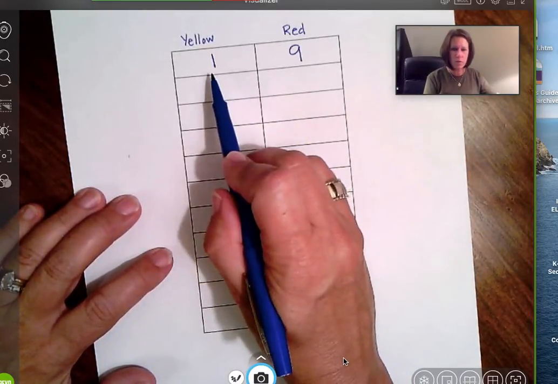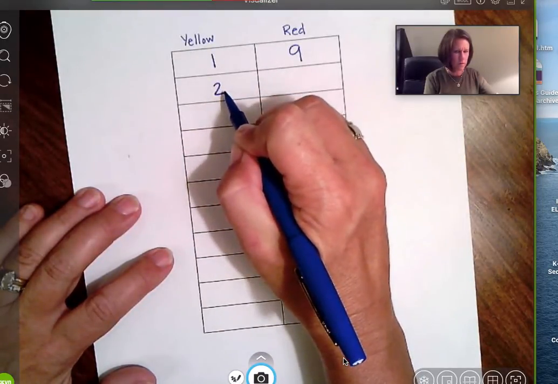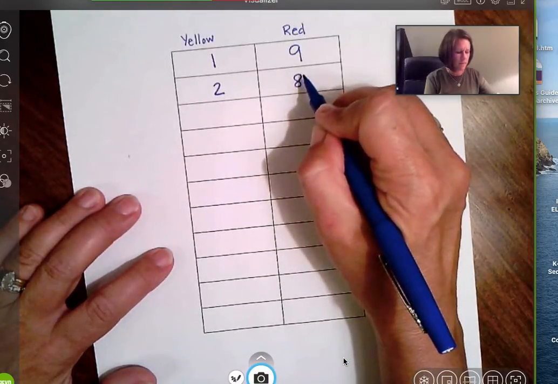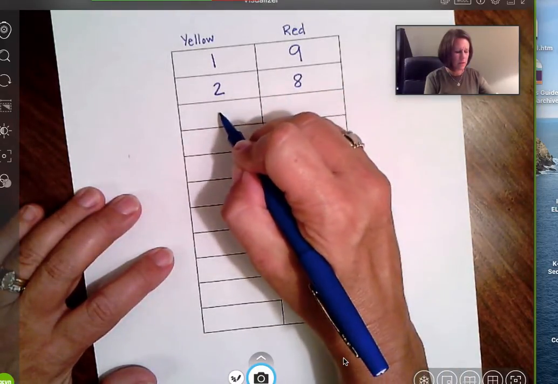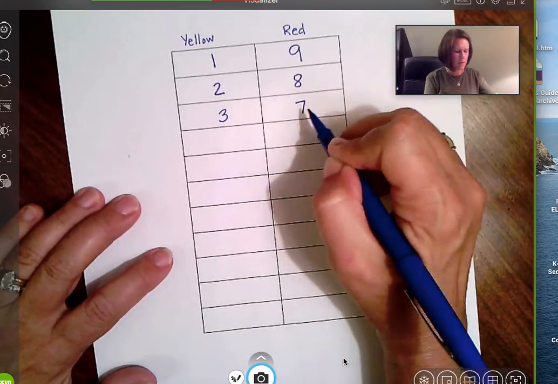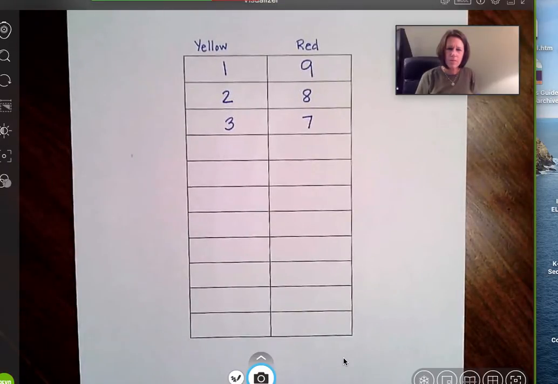I remember I turned 1 over and then I turned over 2. And when I turned over 2, I had 8 red. And then I turned over 3 and I had 7 red. When you look at those answers, do you see an order? Do you see a pattern?